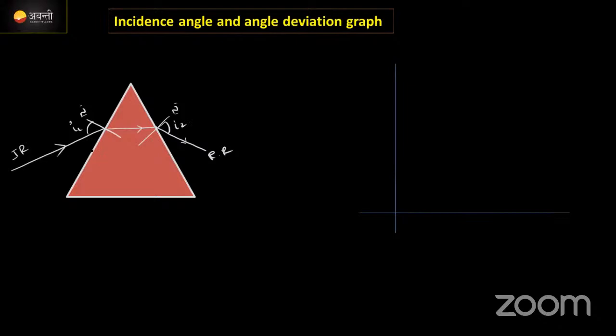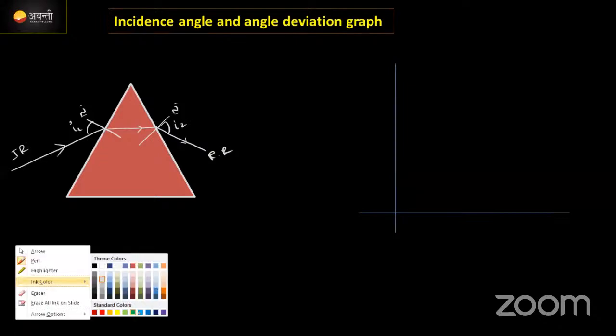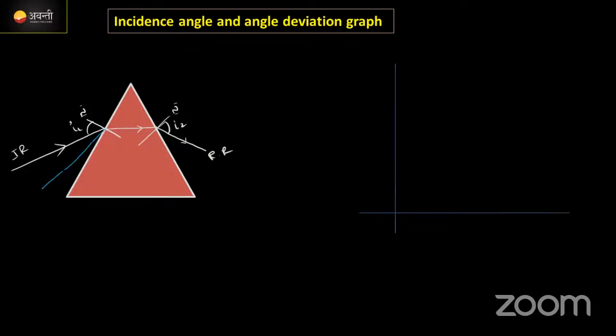So note carefully. First, if I'm going to make the ray incident at this point, what is the angle of incidence? It is larger. For that reason, I will take just a minute. What will I do? Normal, right? The angle of incidence is measured from the normal.